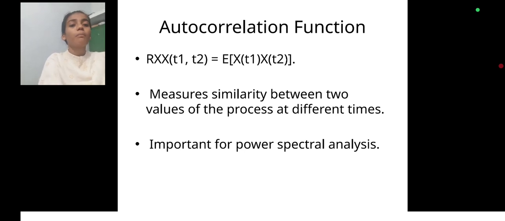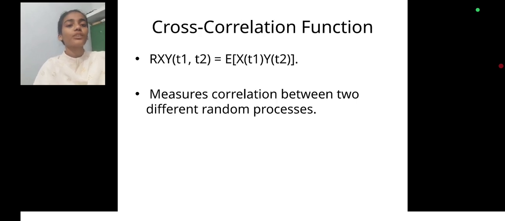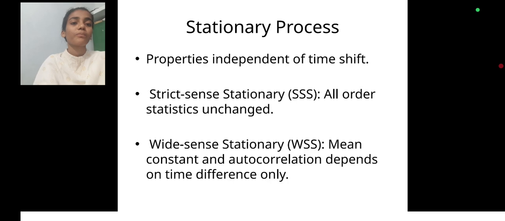Importance: power spectral analysis. Cross correlation function R_XY of t1 comma t2 equals the expectation of X of t1 times Y of t2. It measures correlation between different random processes.